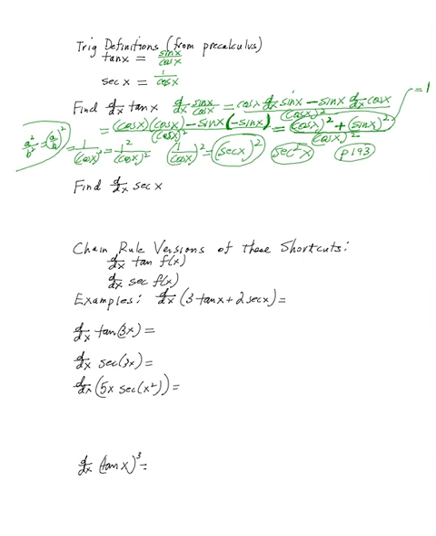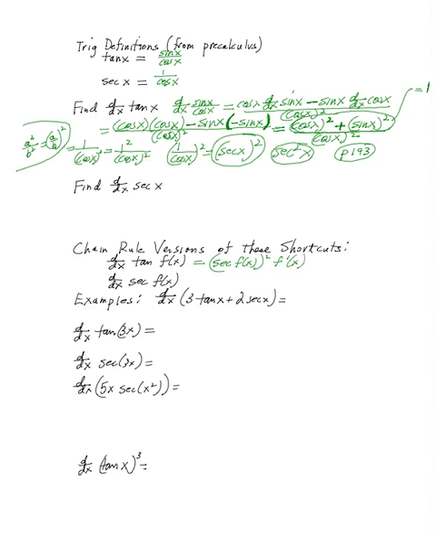Now let's jump down. There's a chain rule version of this shortcut. The derivative with respect to x of tangent of f of x by chain rule would be the derivative of the outside, the derivative of tangent, which is secant squared, times the derivative of the inside, so times f prime of x.